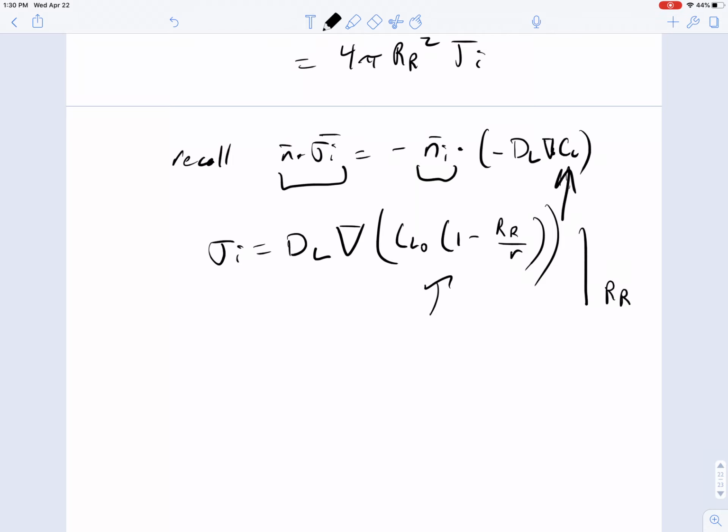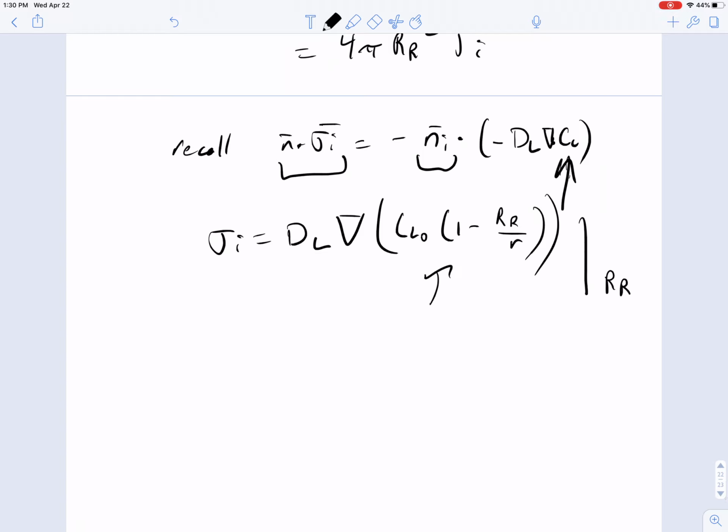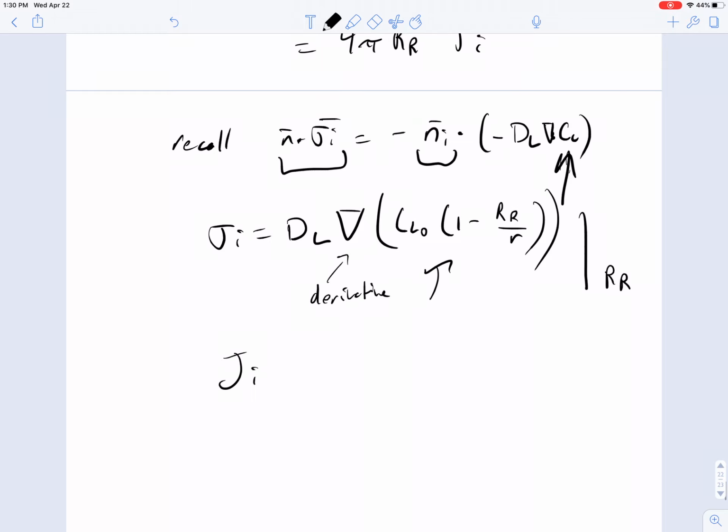So what's the derivative of 1 over r? It's negative 1 over r squared. This is the gradient operator, this is a derivative. So we can rewrite this as Ji equals DL CL0 times R_R over r squared.